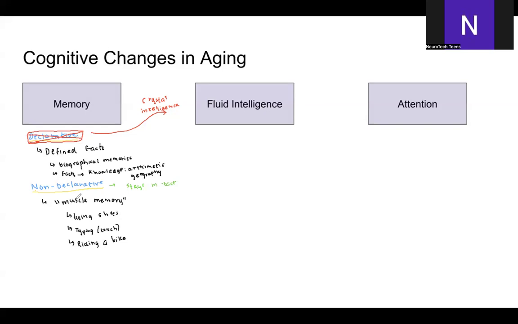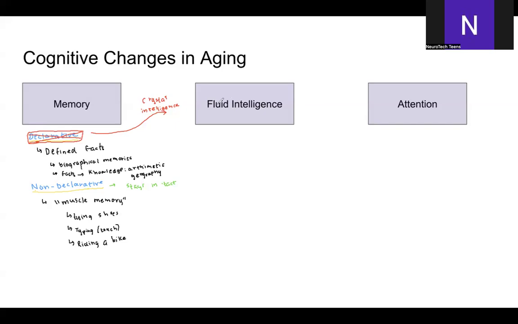I think if you're given a question like that, you should always assume that it's a physical change, wherein they're not able to bend down to tie their shoes, or they have tremors, which is inhibiting them from properly tying their shoes. Because tying your shoes or riding a bike or anything is non-declarative memory. It's literally muscle memory, and that stays mostly intact throughout aging.